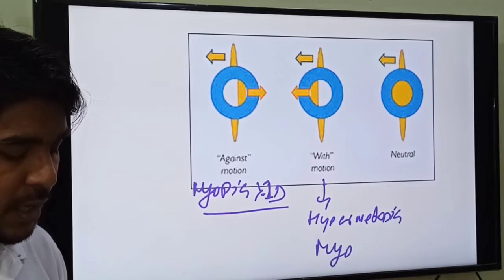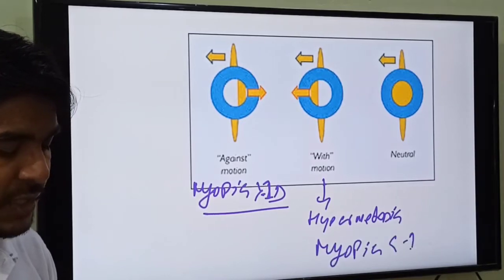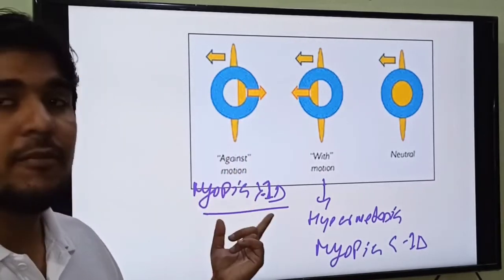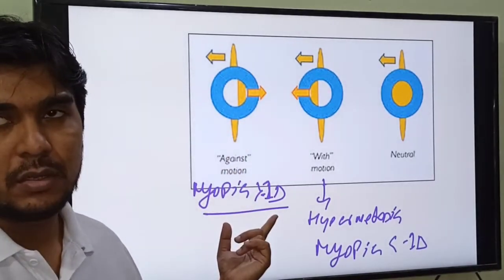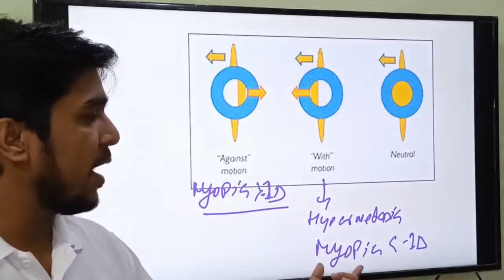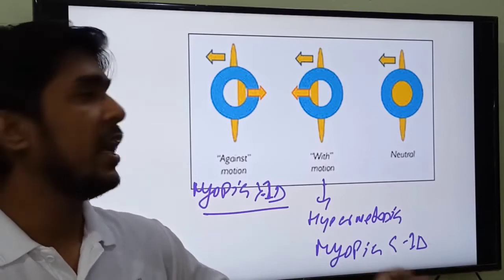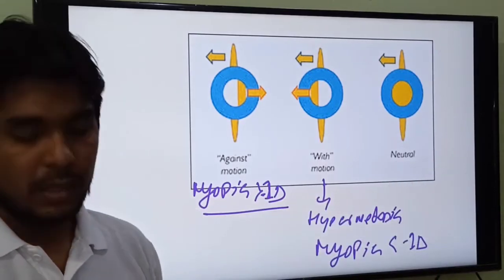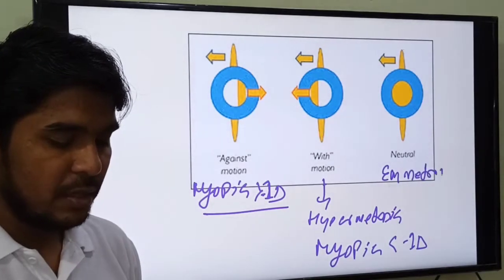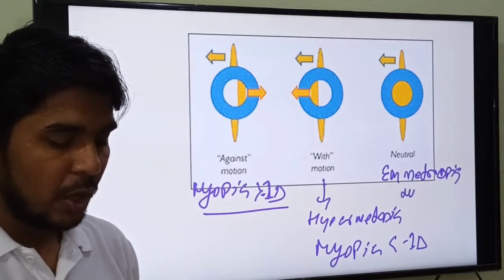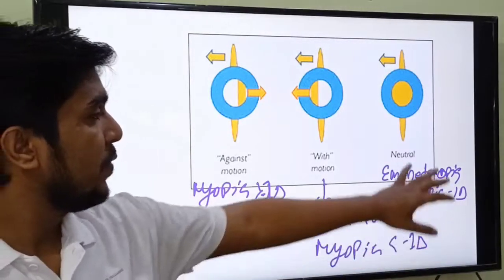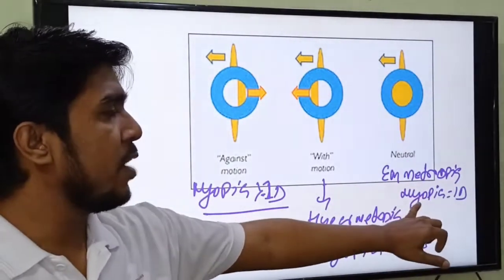If it is moving with the motion, it is hypermetropia or myopia of less than 1 diopter. And if it is neutral, then you have either emmetropia or myopia of 1 diopter.